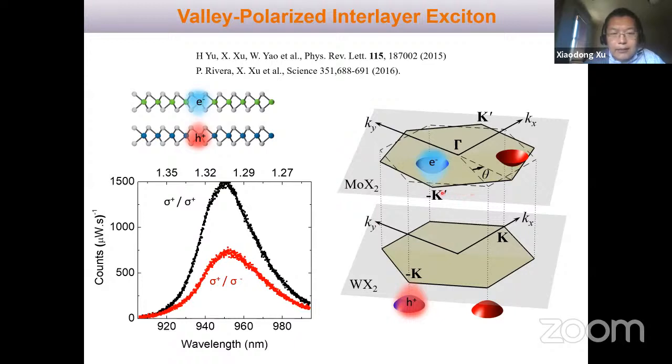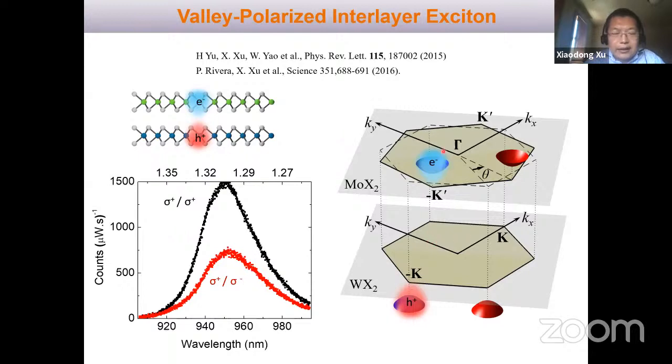With such a system, we can now plot the band structure in momentum space for the heterobilayer. On top, I have the conduction band from MoSe2, and the bottom is the valence band from WSe2. Now we can imagine, if we put electrons in the K valley in MoSe2 and the holes in another K valley in WSe2, then the interlayer exciton is going to inherit the valley index. So we can create interlayer valley excitons.